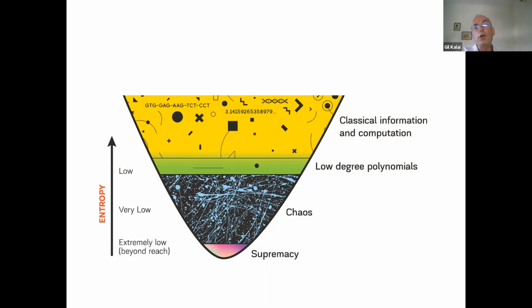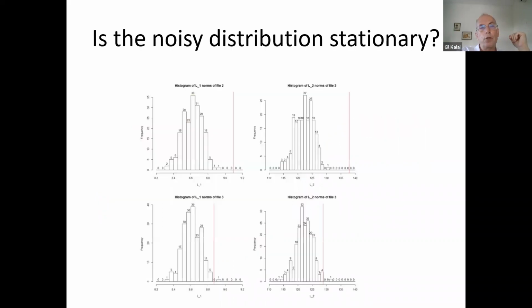When the amount of noise is even smaller, all you can see is low degree polynomials. And for a smaller amount of noise, what you can see is chaos. And then for an extremely low, beyond reach amount of noise, suddenly you can see quantum or superior quantum computing, but this is beyond reach.